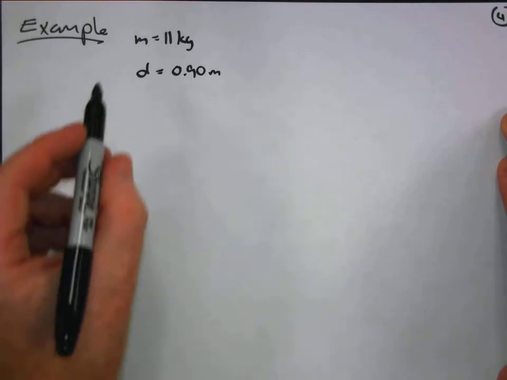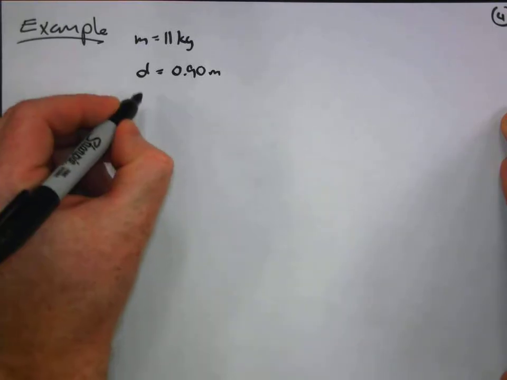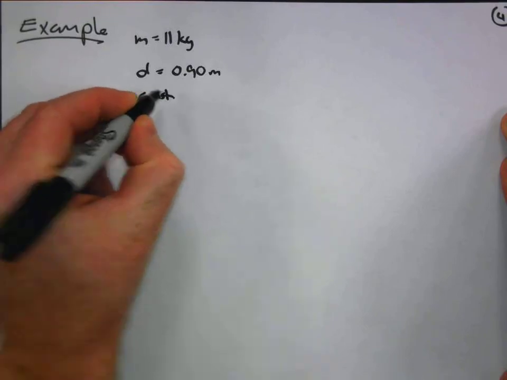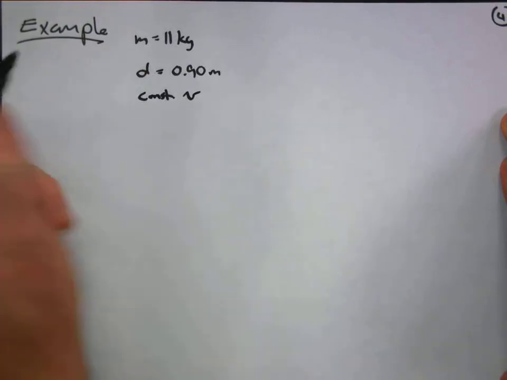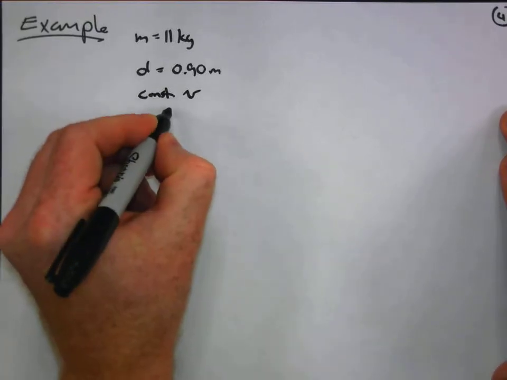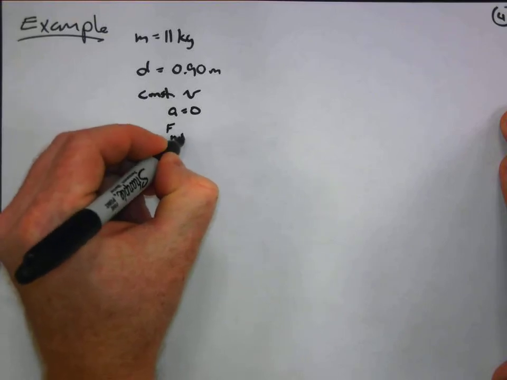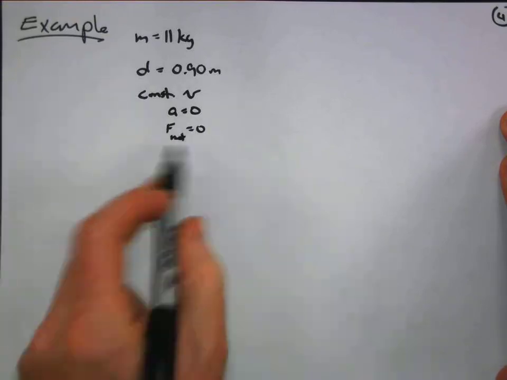And we're going to say that your teacher was lifting this object at a constant velocity. Constant velocity. So this tells you a whole bunch right here. Constant velocity means that acceleration is 0. And when acceleration is 0, net force is 0. And that means all forces are balanced.